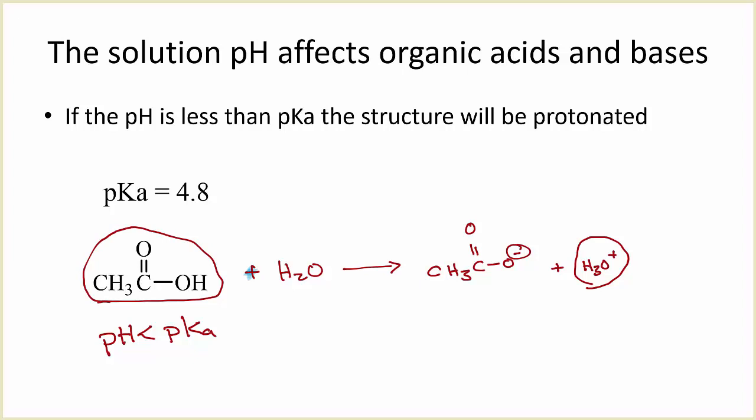So that's what this statement up here means. If the pH is less than the pKa, that is, the solution is more acidic than the acid's strength, then the structure stays in its protonated form.